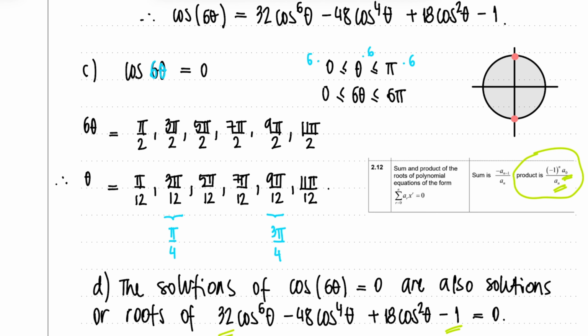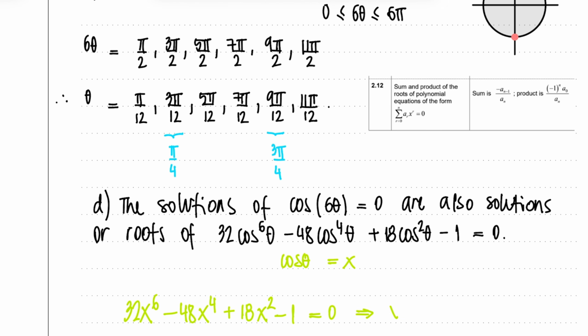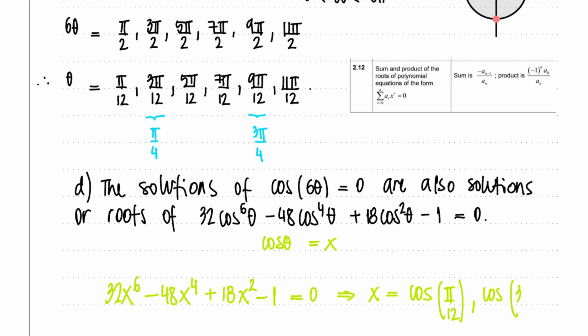There's just one adaptation that we're going to make, which is to substitute cosine of theta by x. If that is the case, the solutions are not pi over 12, 3 pi over 12, and so on anymore. They're actually, for this equation right here, the cosine of all of these angles. So these are all solutions to this equation right here.